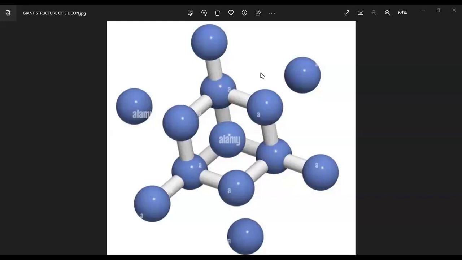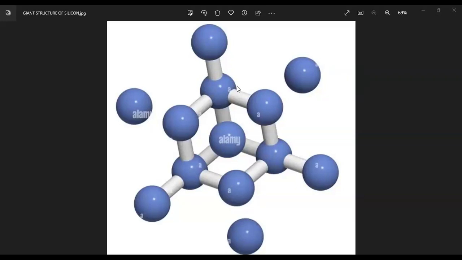Okay, so this is the structure of silicon that we're describing. Silicon is a metalloid with a giant covalent structure. The whole of this extended thing here is the giant covalent structure.